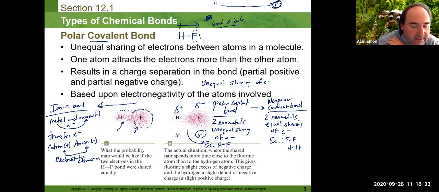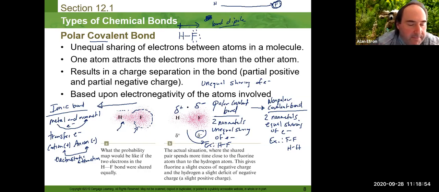So in the middle between the two, we get this unequal sharing of electrons, which is known as a polar bond, or polar covalent bond, but most people just call it a polar bond. Any question first off on those three types of bonding?